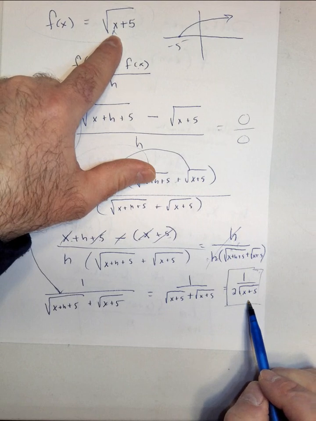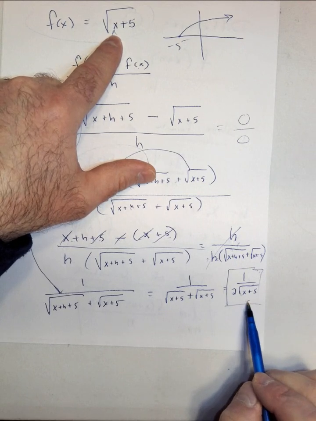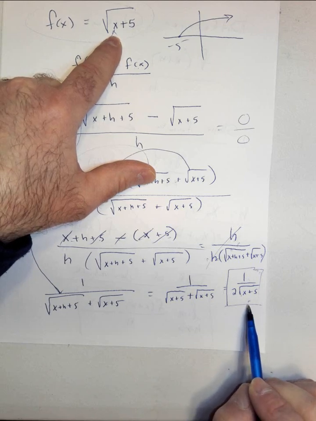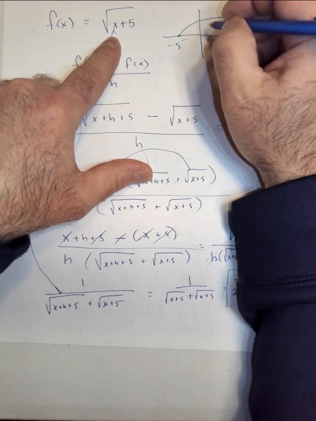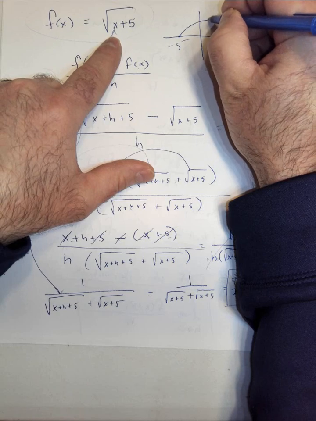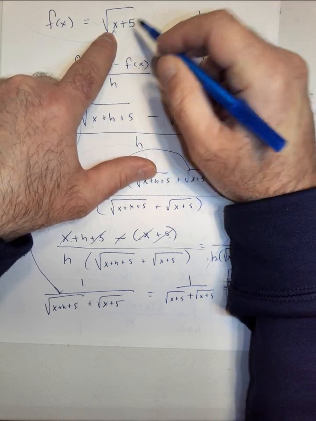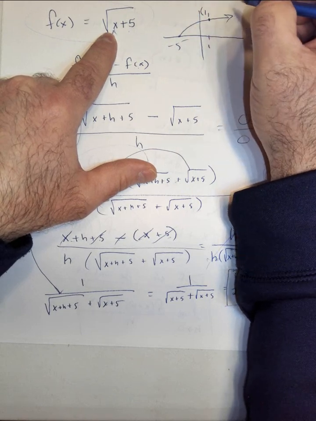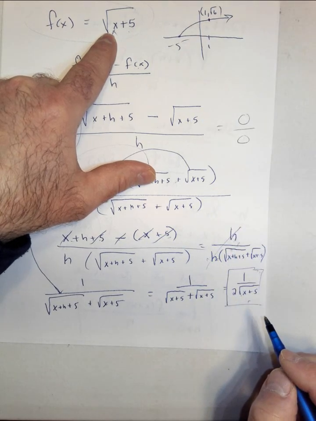This does what? This tells me what the derivative is, or the instantaneous rate of change of any tangent line along this curve. So for example, if I plug in 1, the ordered pair location would be 1, root 6.